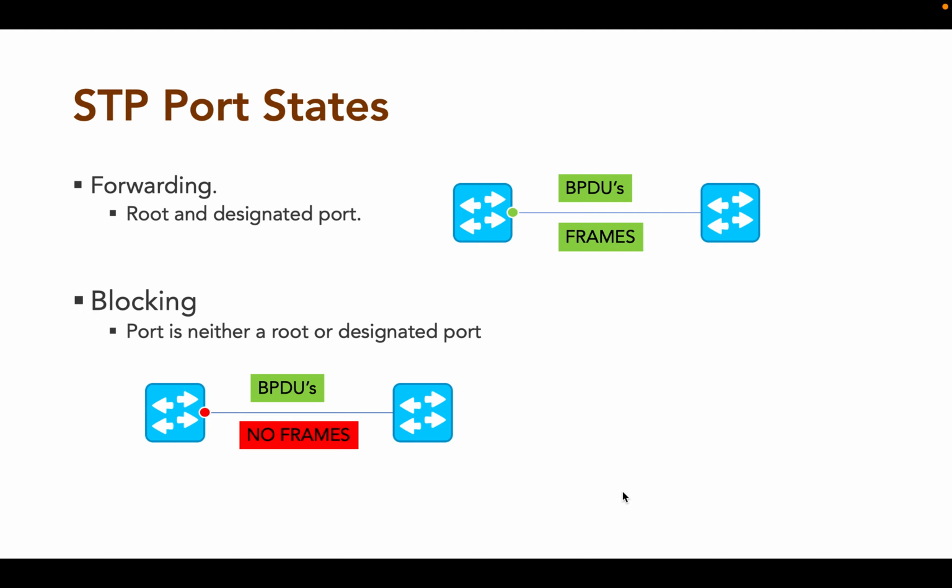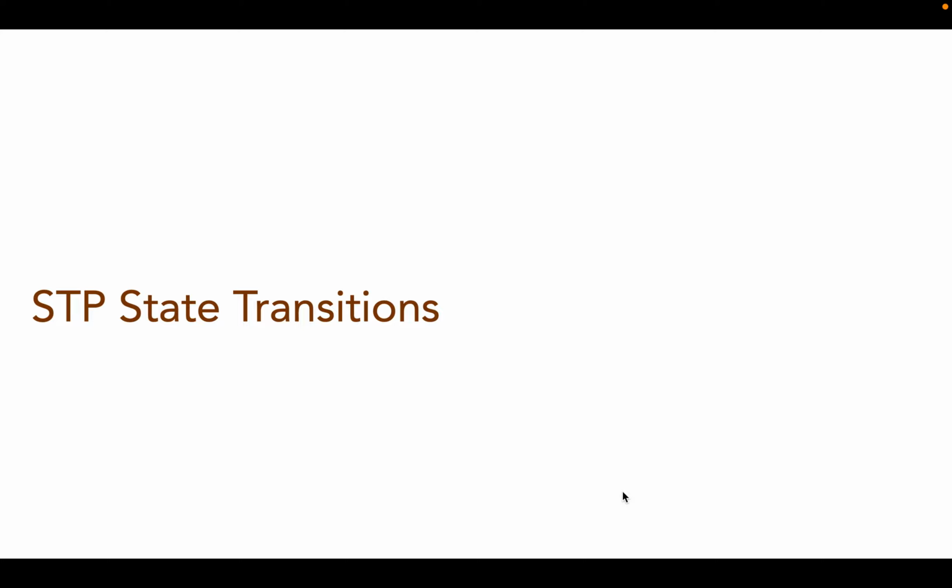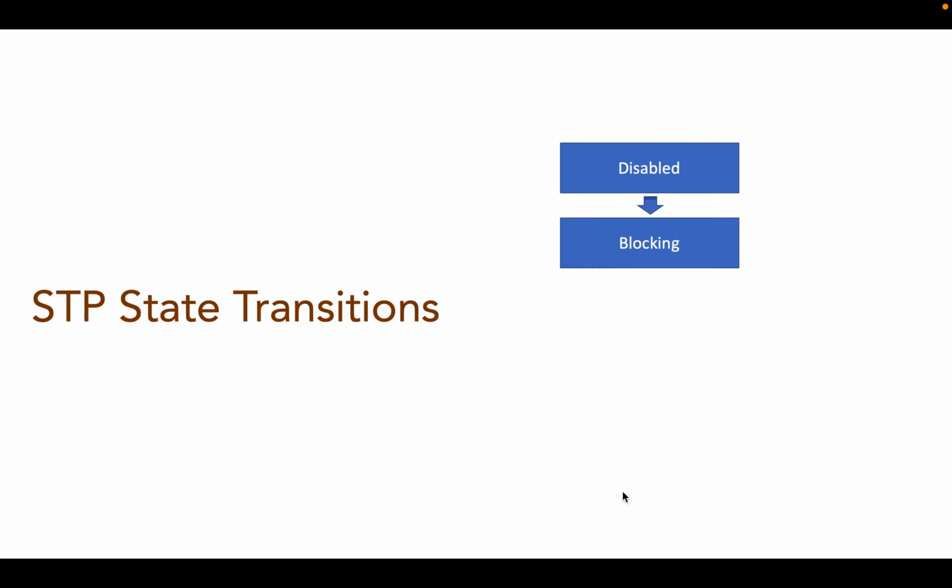So let's go ahead and see how STP state transitions take place. When a port is enabled, STP moves an interface from blocking to listening if the forward delay timer expires.